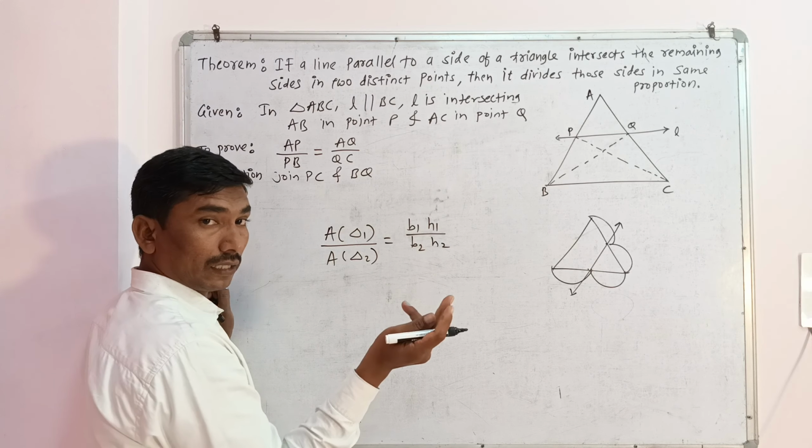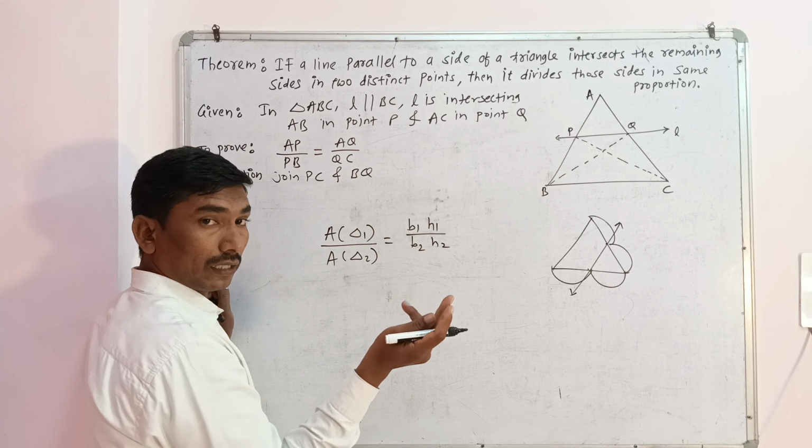Similarly, if the triangles have both base and height the same, then these both will get cancelled and the ratio will be equal to 1, and then you can transfer this to the other side, and you will have that area of triangle 1 will be equal to area of triangle 2.